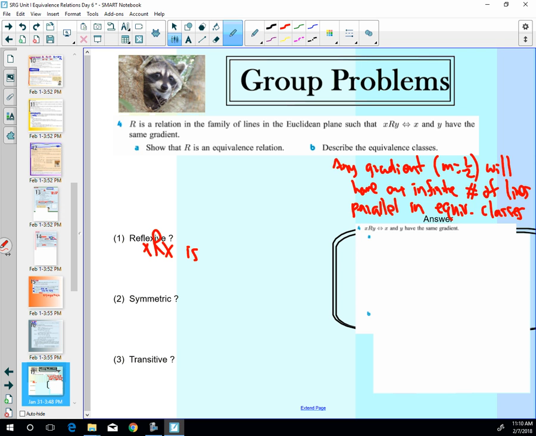X R X is true because each gradient is the same as itself. Good. And then you can go, therefore, R is reflexive. 1/3 done.